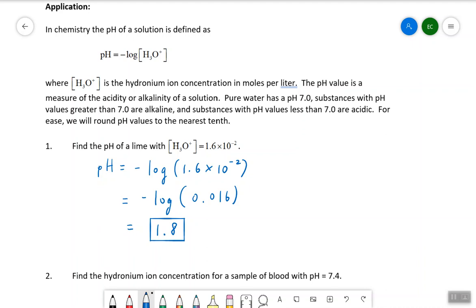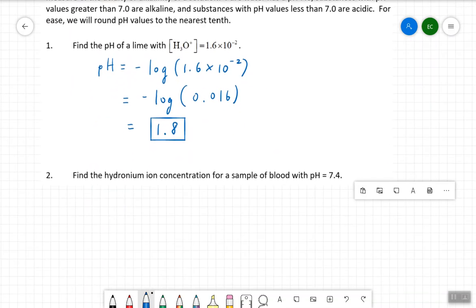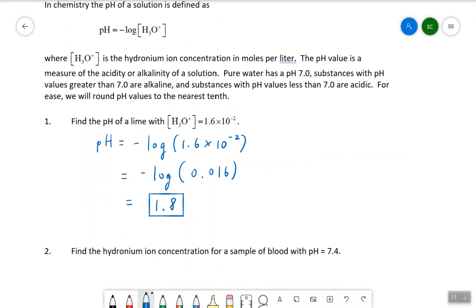Okay, so in the first example, we were given the hydronium ion concentration and we found the pH. Now, in the second example, we're given the pH and we're asked to find the hydronium ion concentration. So on the left side of our formula, I'll write 7.4.